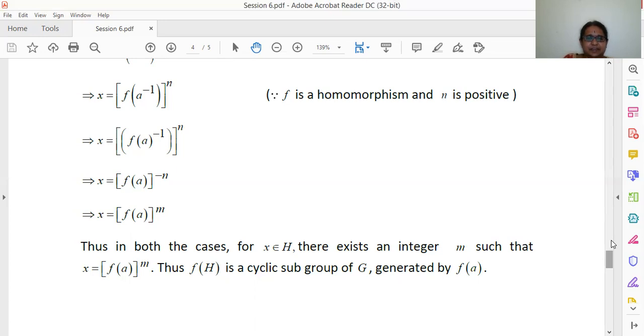And another thing we have to remember about this homomorphism is that it is a composition-preserving mapping which connects two groups. f is a mapping from G to G dash, or f is a mapping from G to G.